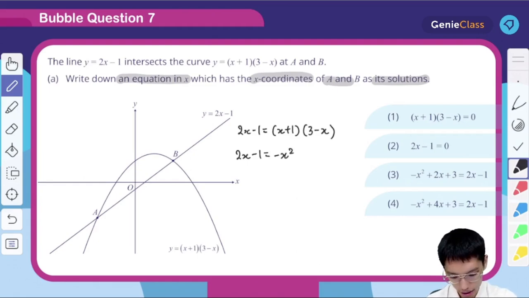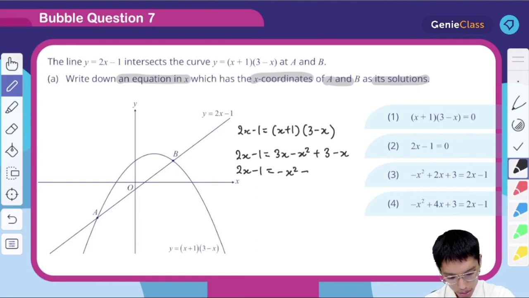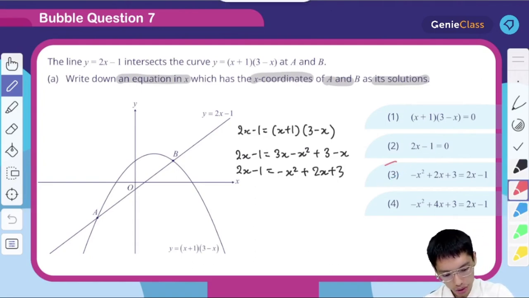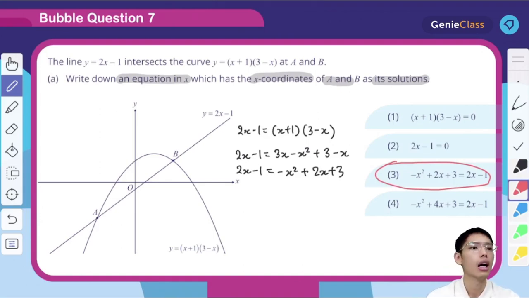Or in fact, if you were to do the actual butterfly method, it will be 3x minus x squared plus 3 minus x. Simplify a bit more, 2x minus 1. I have negative x squared plus 2x plus 3. And therefore, this is my first part. Option number 3. That is where I have it.